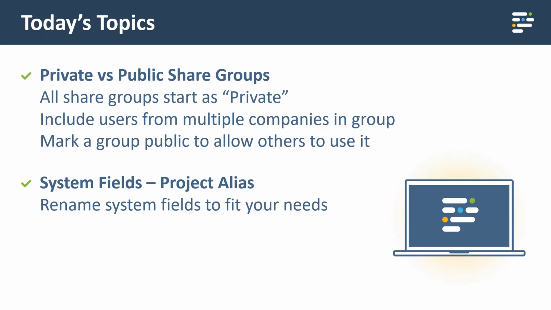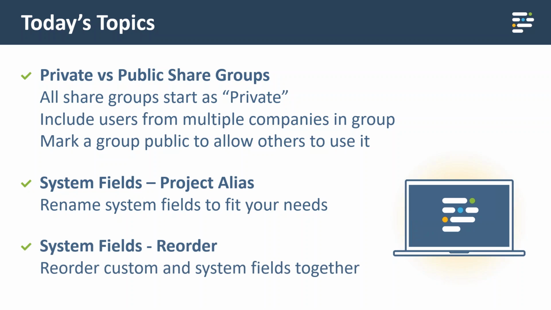Of course, you can customize those by adding custom fields, but in the past, you were stuck with just the custom fields. You really couldn't manipulate the fields that came by default on those system forms, which are called system fields. But now we're opening that up so you can rename or provide a project alias for the system fields. I'll go over an example of that.